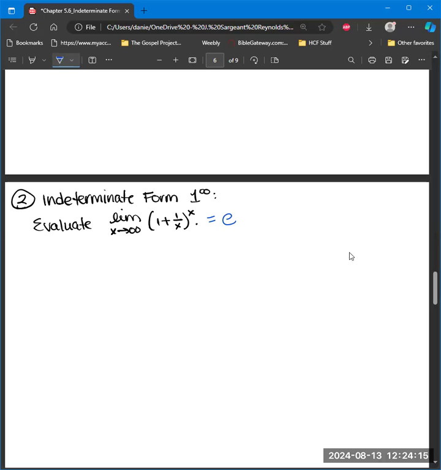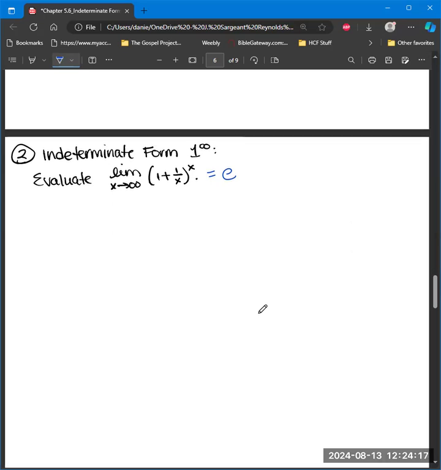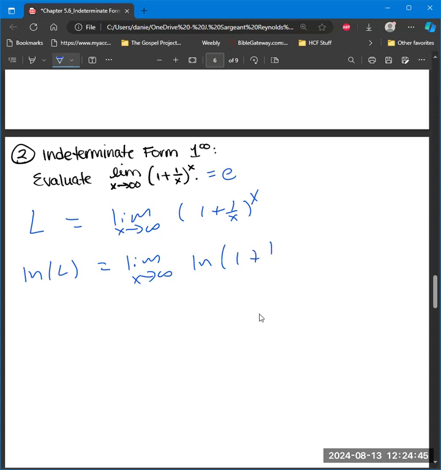So let's go ahead and just say L for the limit is going to be equal to the limit as x goes to infinity of 1 plus 1 over x to the x. And then I'm going to take the ln of both sides. And ln is one of those fun things where if I take the ln of the limit, it's the limit of the ln of the function. So I'm just going to let that ln pass right through that limit symbol.